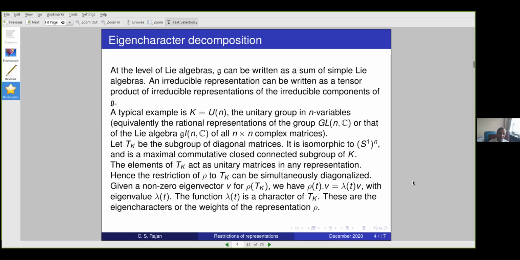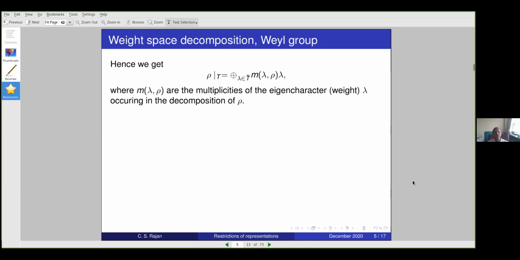Given a non-zero vector v, we have rho(t) v equals lambda(t) v, with eigenvalue lambda(t). This function lambda is a character of T_K, and these are the eigencharacters or the weights of the representation.